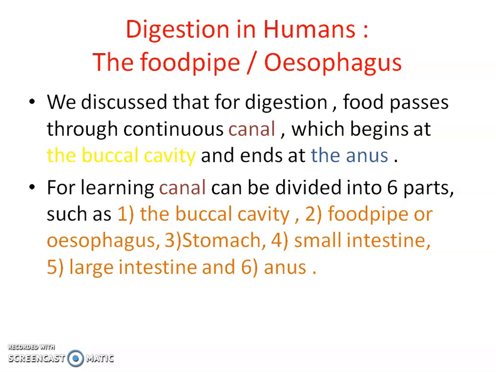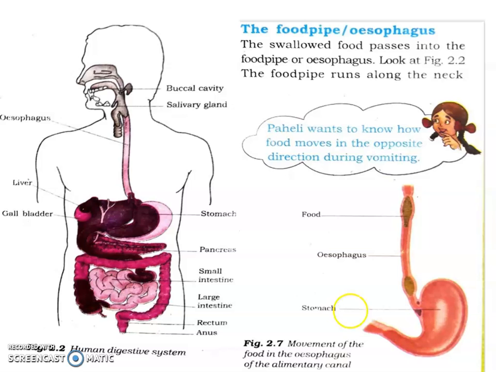In our previous part we learned the buccal cavity and saw a diagram of all digestion in humans. We will revise that diagram first, in which we will see all six parts of digestion.